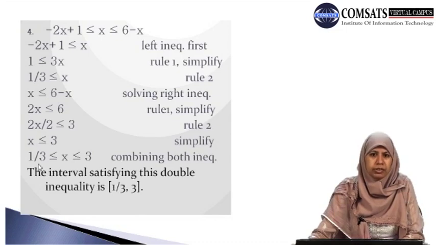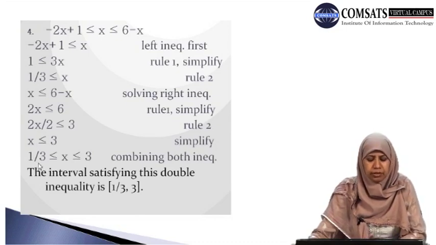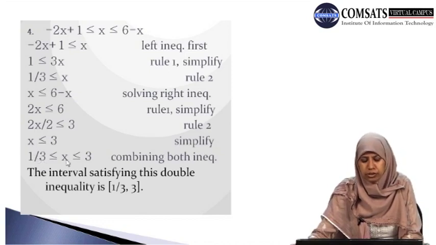If we want to write our solution in interval form, we can see that in this double inequality we have less than or equal to on both sides, which means that 1 by 3 is included and also 3 is included. So square brackets on both sides, and 1 by 3 comma 3 is the solution of this double inequality.